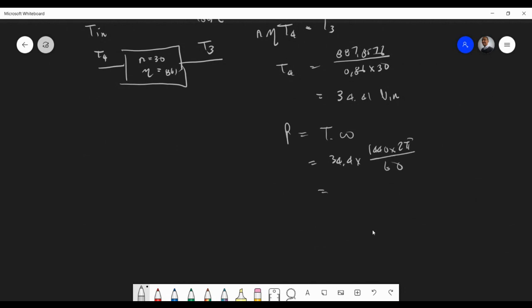And you should get the value of 5.189 kilowatts. There again, got to select a motor. There again, you can find out the diameter. Just making you aware.